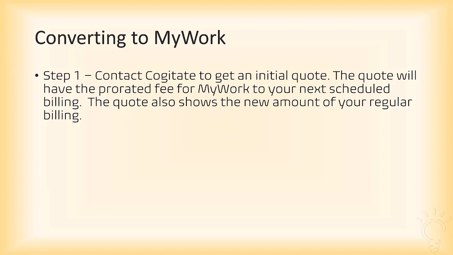The quote's going to have any prorated fee, because if you're paying support on a monthly, annual, semi-annual, or quarterly basis, we'll prorate up to your next payment, and then also include what your payments will be from that point forward on your schedule. But we'll only send you a bill when we get the signed quote back.